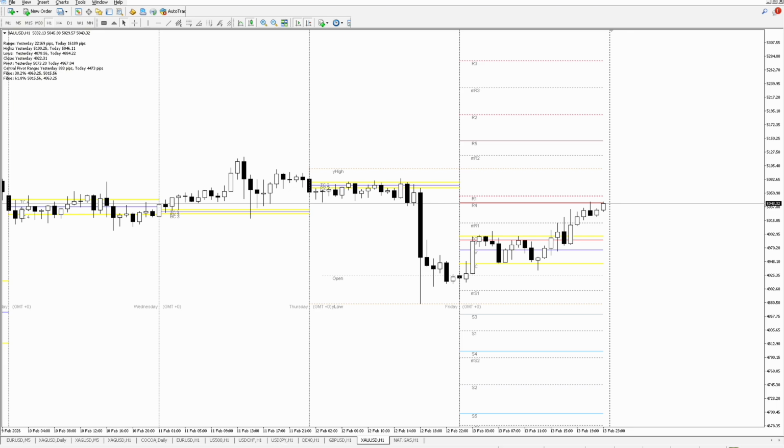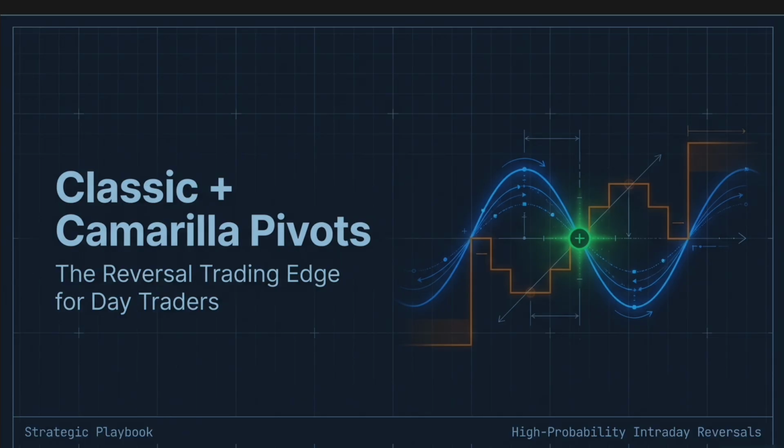Before we move on, I wanted to point out quickly, if someone is new to pivot point trading, to explain this combination of classic with Camarilla more easily, I will focus on reversal trading examples. But remember that with pivot points, we do not use these levels only for reversal trading.